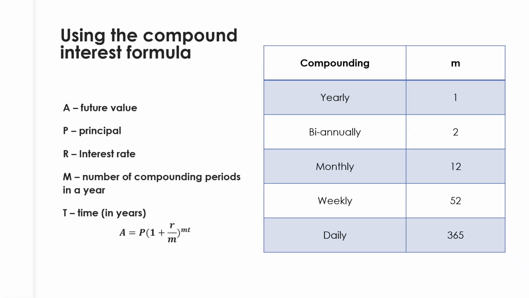And it is important to note that the sum of 1 plus R over M is the only thing that is raised to the MT power. A lot of letters, a lot of words. Let's look at what it means and what it looks like in actual practice. I think that would be really helpful.